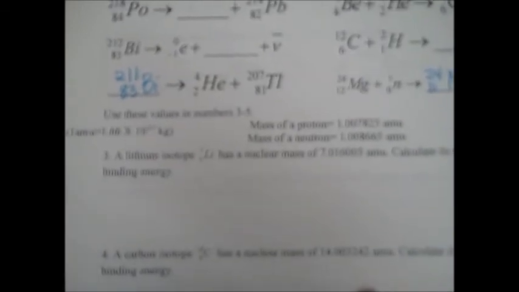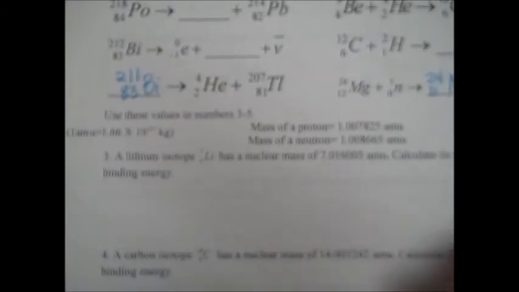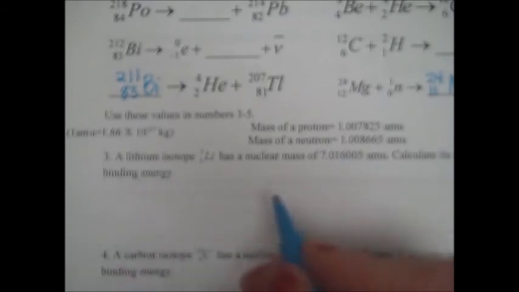If you wanted to do, like number 3, a lithium isotope has a nuclear mass given here, calculate its mass defect and its binding energy.